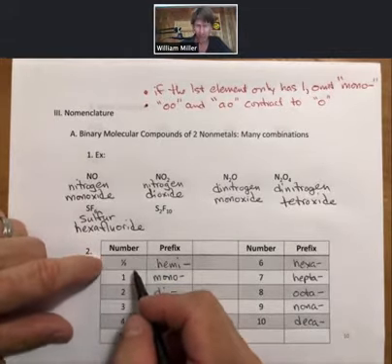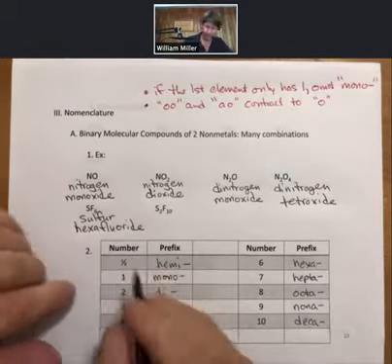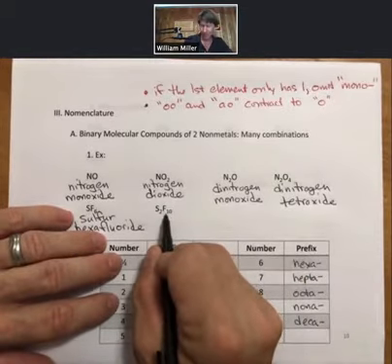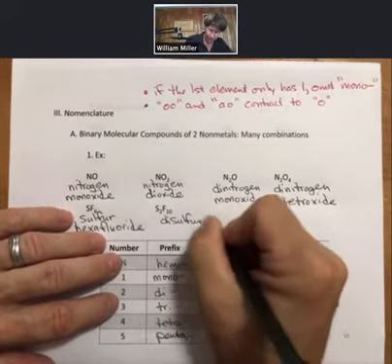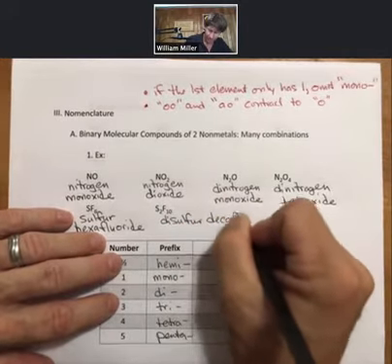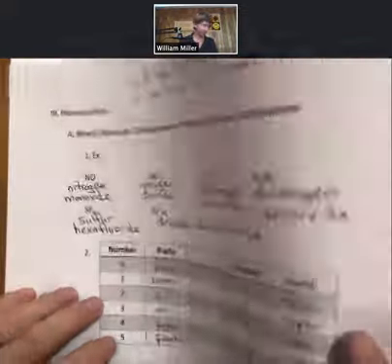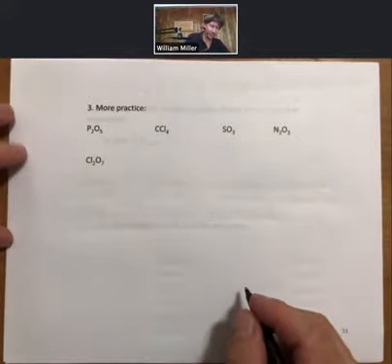Flour is what we use to bake bread. Fluoride is what we use to do chemistry. Disulfur decafluoride. Like so. More practice, we'll leave these for companion problems.